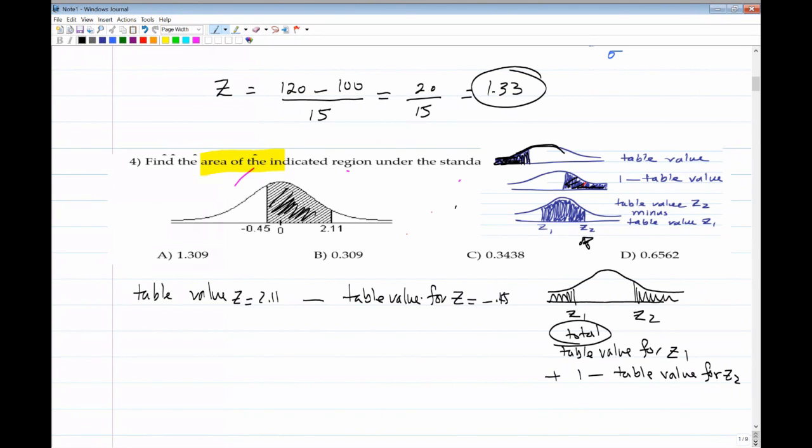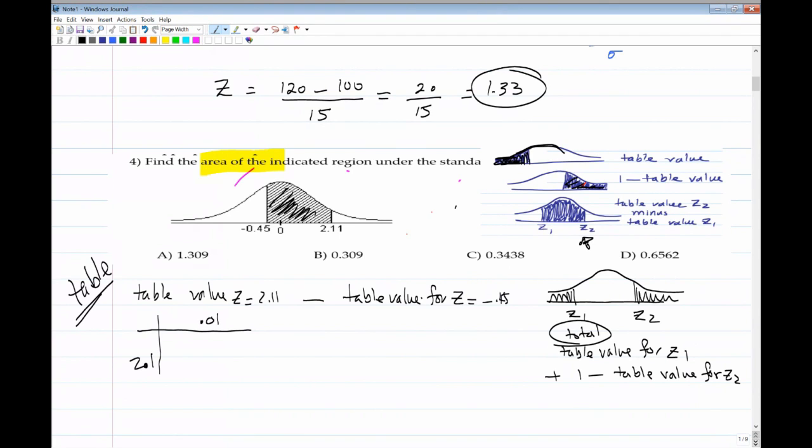Now, when we actually do this, if we go to the table value, you can read this is 2.1 and on the top 0.1. When we talk about table value, we're talking about table 4, where it's the normal Z distribution.